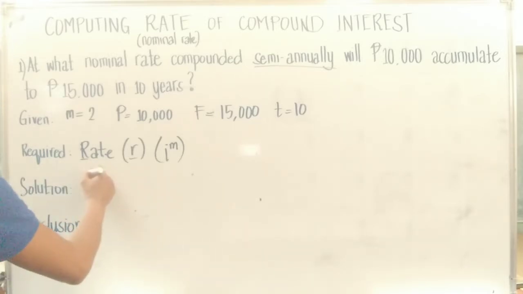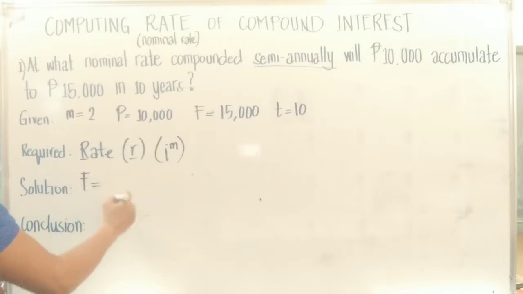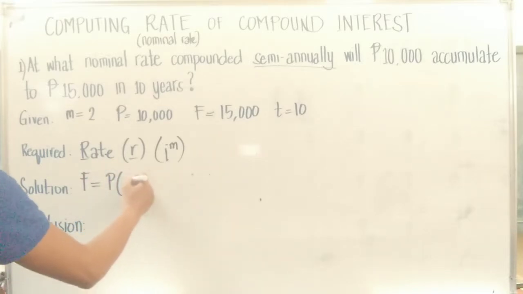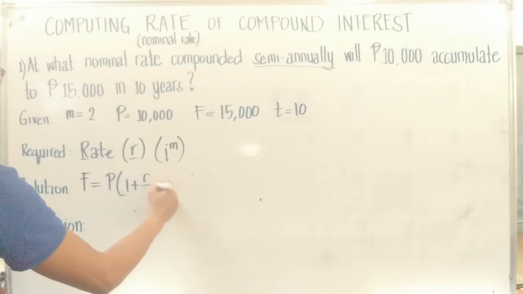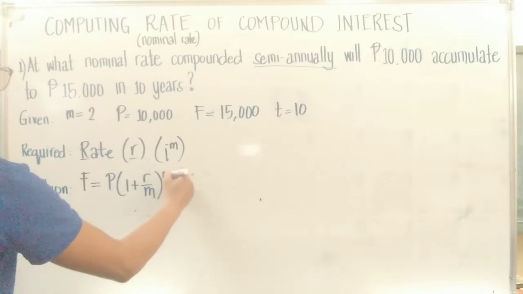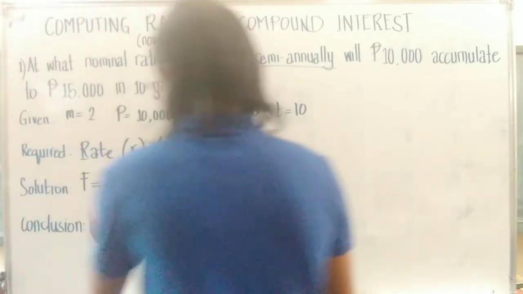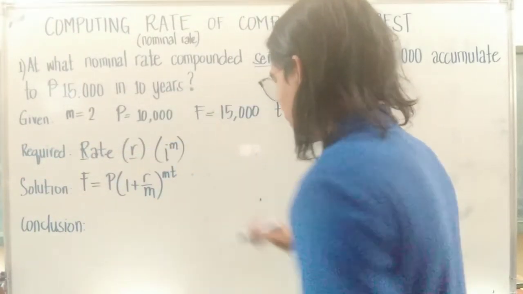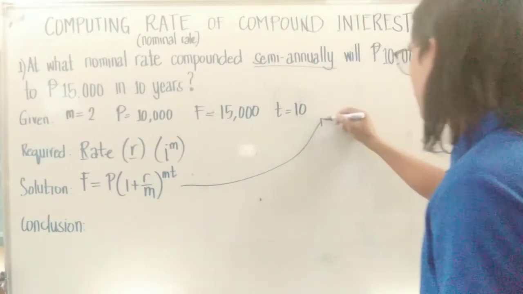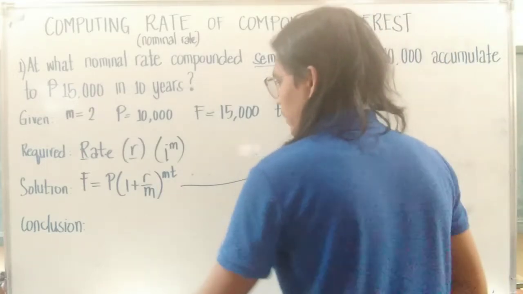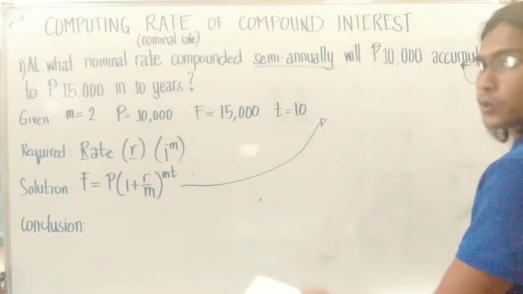So for our solution, we will be using the equation F equal to P times the quantity of 1 plus R over M raised to MT. But before we use this, we will derive the formula for solving your rate.